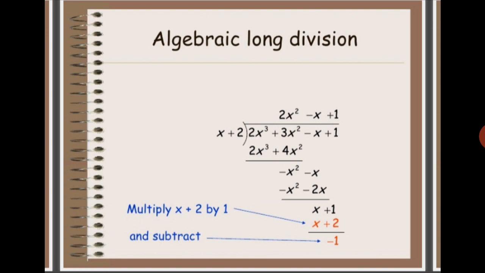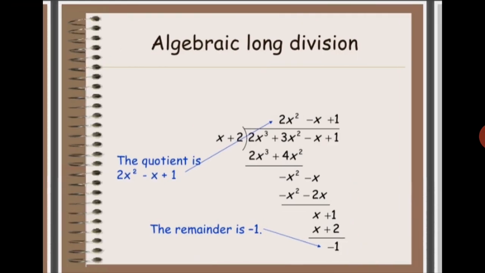So when such a condition occurs, you will stop with your division. This is actually the end of the division. And we conclude that minus 1 is the remainder and 2x square minus x plus 1 is your quotient. This is what is written.